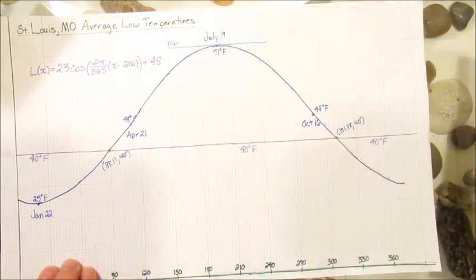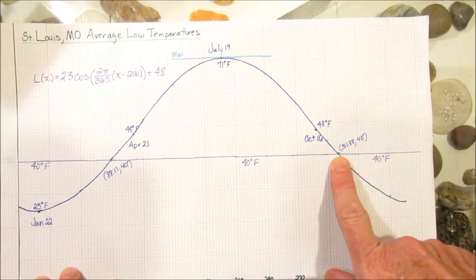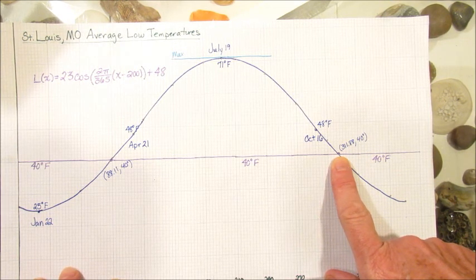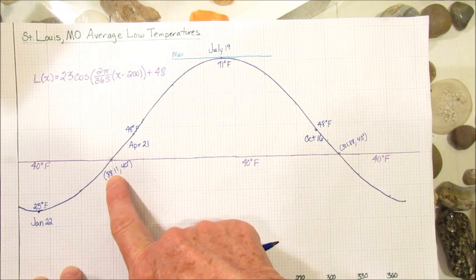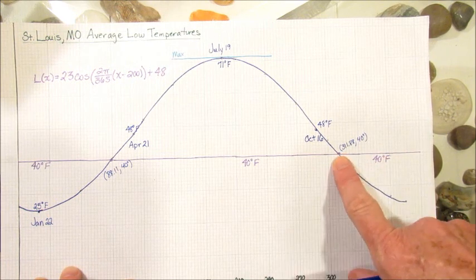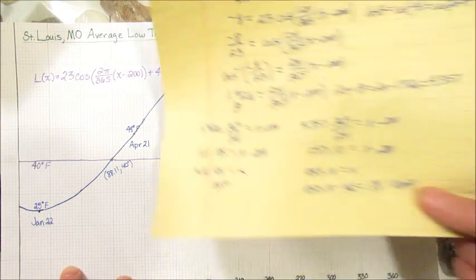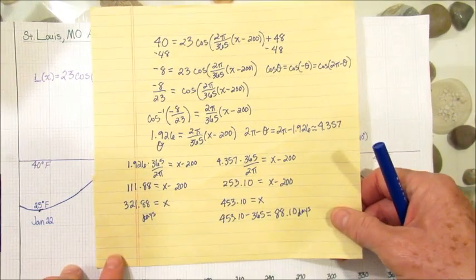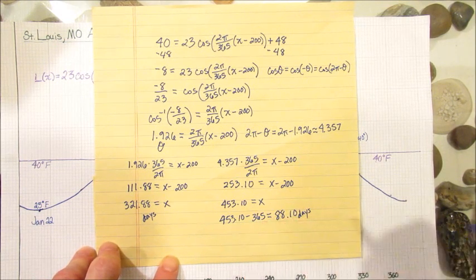So going back to our graph here, there was the first solution, and here was the second solution. Those are the same values that we had. So you can see this, I guess, is in March, and this is late October, early November is when that date would be. What I was saying about the negative theta, if we had found cosine of negative theta, it would have still equaled that same value.